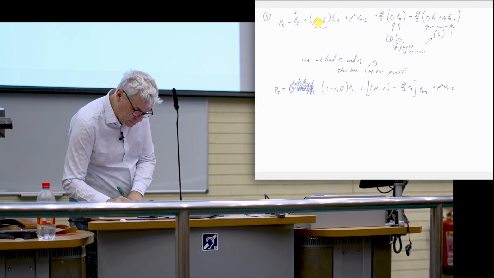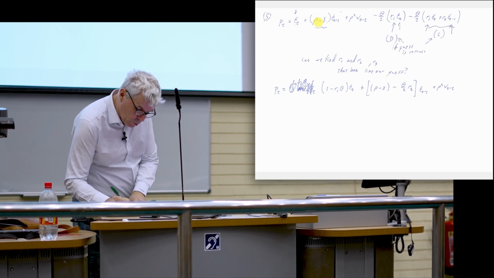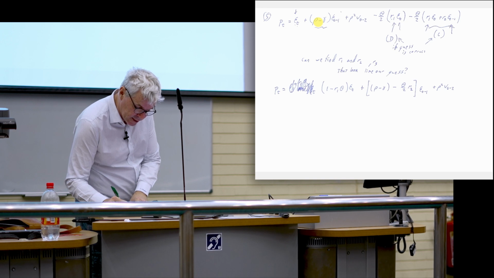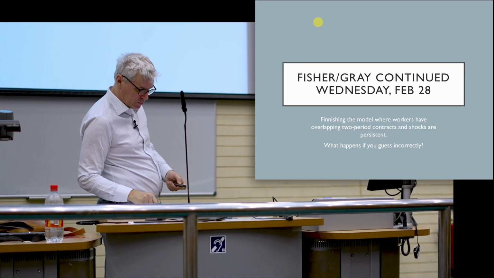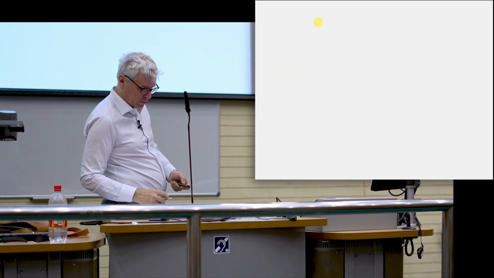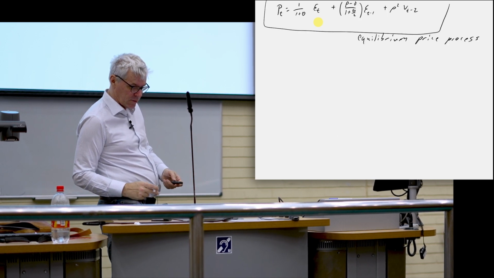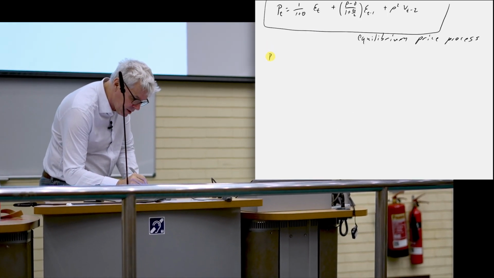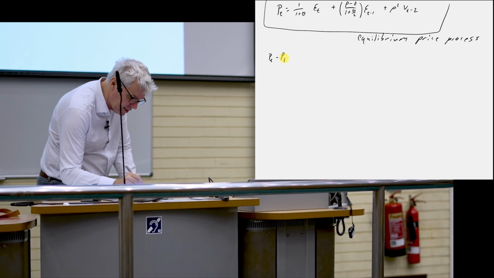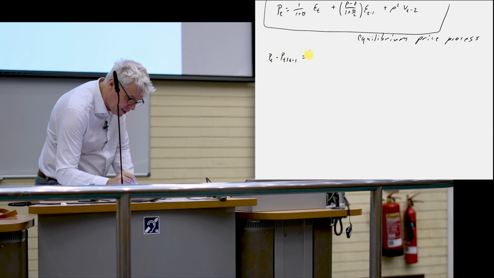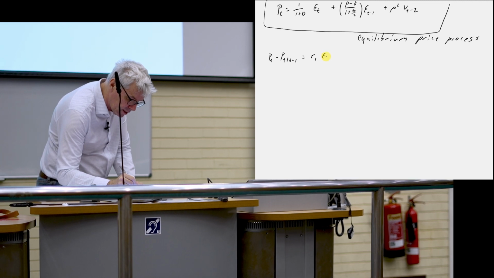Pt minus Pt given t minus 1 is just going to be equal to R1 Et. Right, so if we go forward, we're going to have Pt minus Pt given t minus 1 is equal to R1 Et. Why?